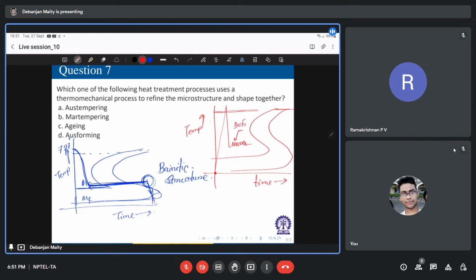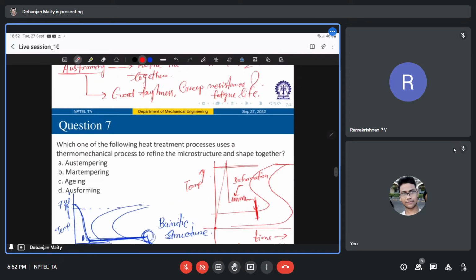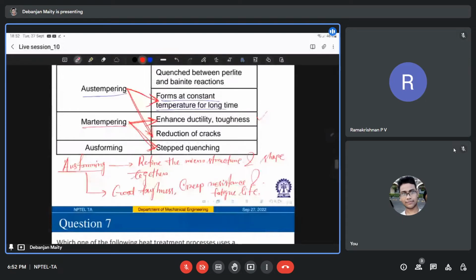Maybe you are doing some cold rolling operation or maybe forging, and due to this deformation, some kind of strain hardening as well as recrystallization happens in the structure, and then after this deformation, you again do the quenching, right? This is what you get from ausforming.